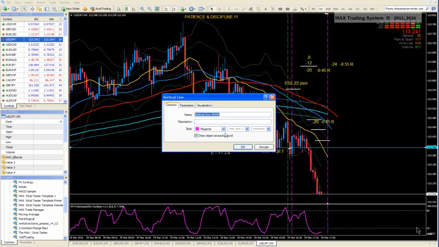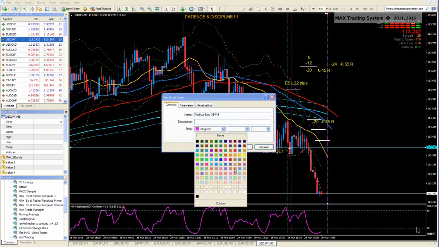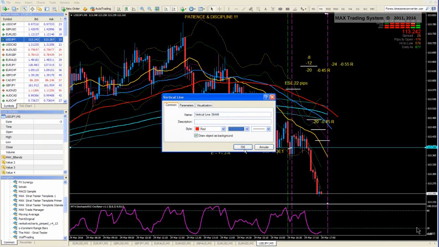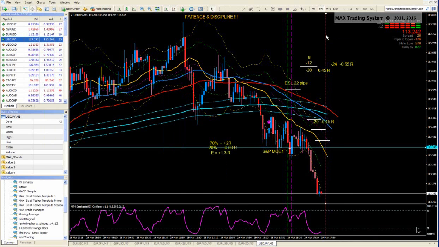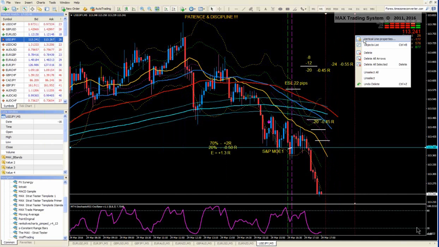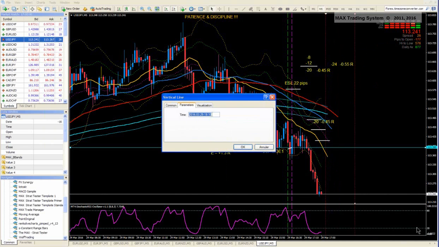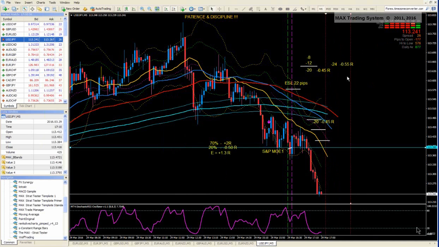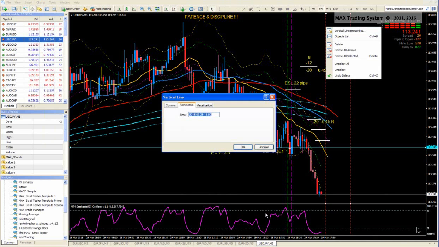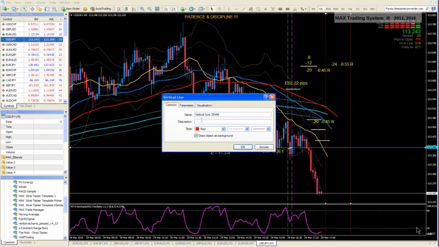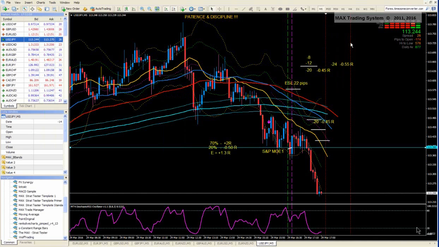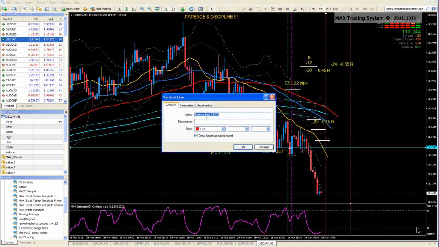On my platform, midnight corresponds to the US close or open. Then we have the London close here at 19. Okay, I will write here Frankfurt close. I will write here the London close. That way.